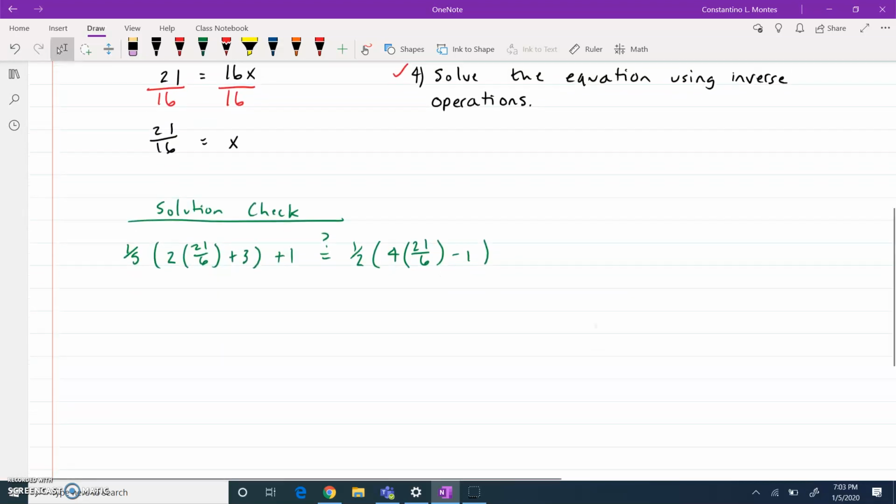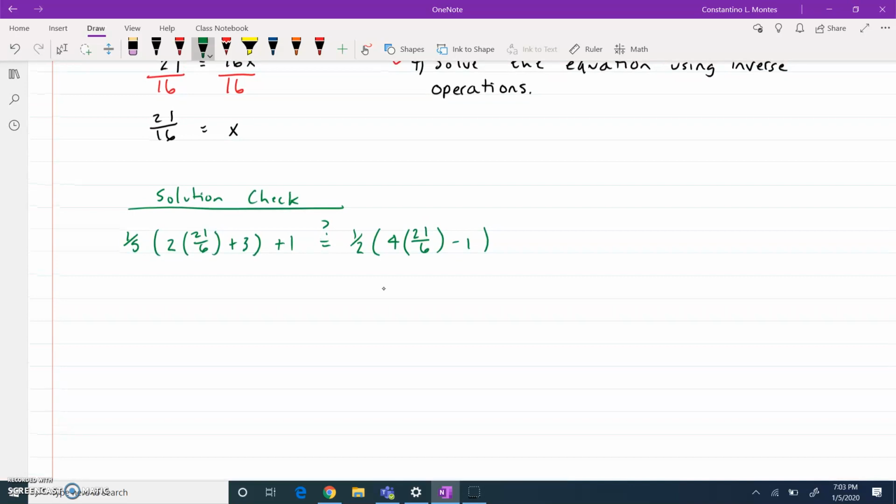Okay, so let's move on. I am not going to distribute here or do anything like that. All I'm going to do is take everything I plugged in on the left and type it into my calculator. Oh, and I forgot something here, didn't I? This should be 16. I'm glad I caught that.